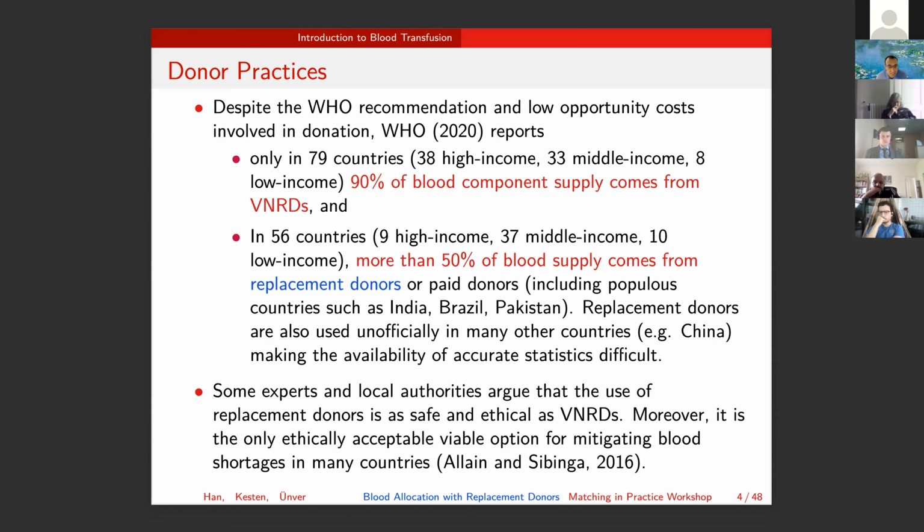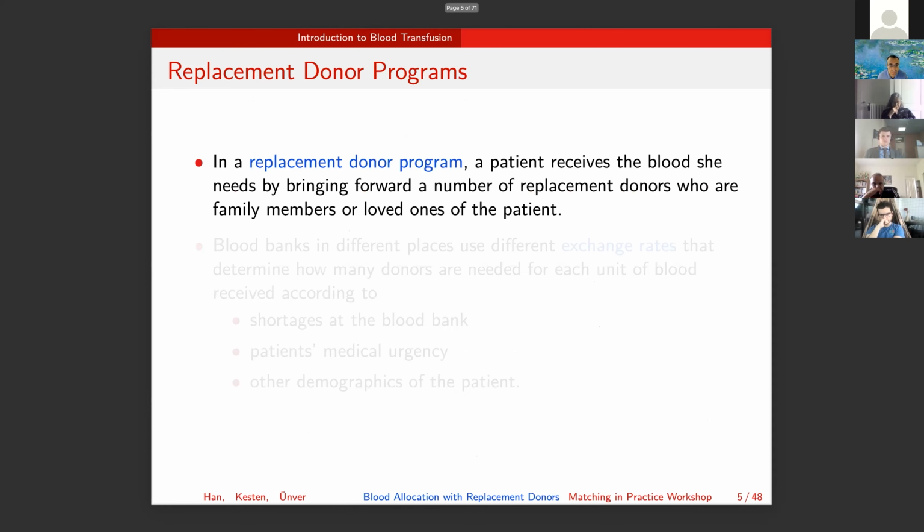Moreover, it is the only ethically acceptable viable option for mitigating blood shortages in many countries. So what are these replacement donors? In a replacement donor program, a patient receives the blood she needs by bringing forward a number of replacement donors who are family members or loved ones of the patient.